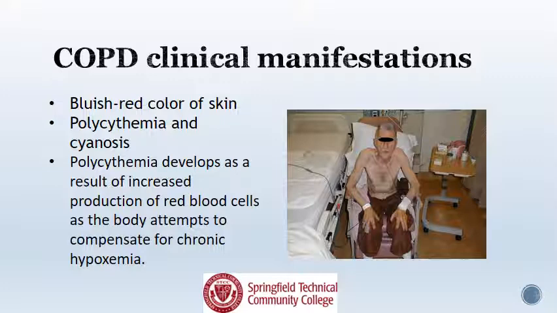So somebody who has chronic low oxygen, the body is going to develop more red blood cells to try and compensate for that low oxygen, and that's called polycythemia. It's not uncommon to have a COPD patient whose H&H is like 25 and 53, or just a high number of red blood cells, and it's a result of their hypoxia.